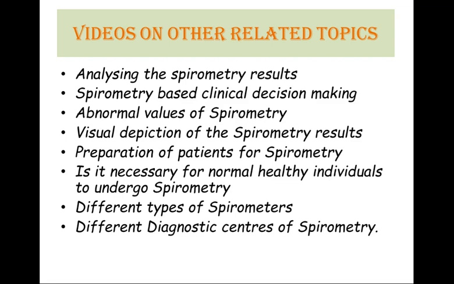We will be discussing in another video the different abnormal values of spirometry and what those mean. We will also make a video on the visual depiction of the spirometry results. That means it is not always necessary to mathematically calculate the values to find an accurate clinical diagnosis. Certain visual depiction is also available, so that just by seeing the depiction at once we can conclude a diagnosis.